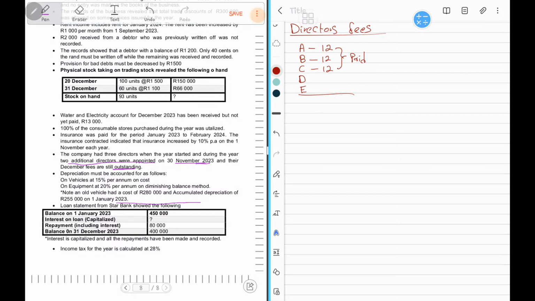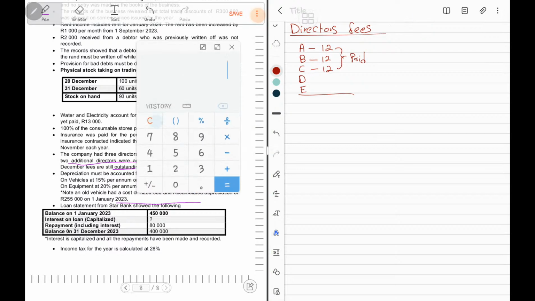So now we want to find the total months that they were paid for. So it will be 12 multiplied by 3. That gives us 36 months. So now what we want to find is the monthly directors fees.